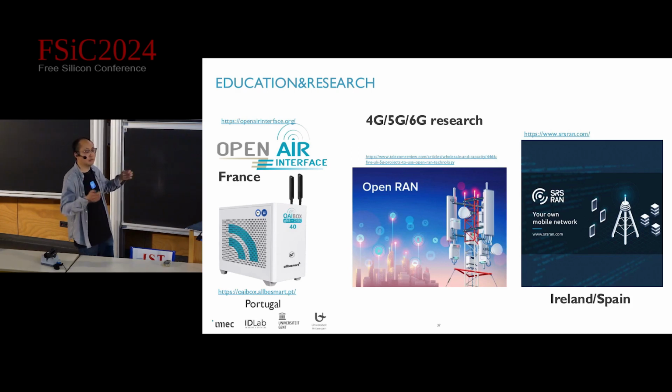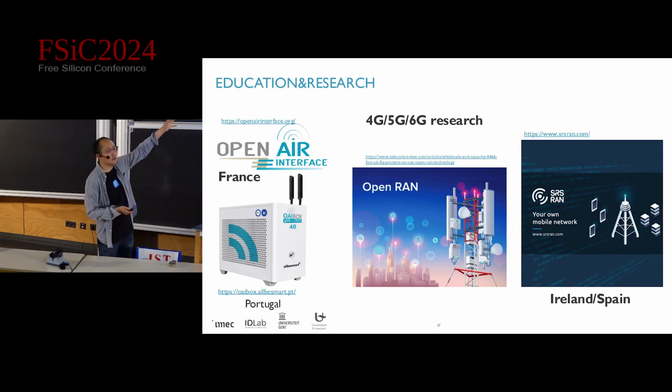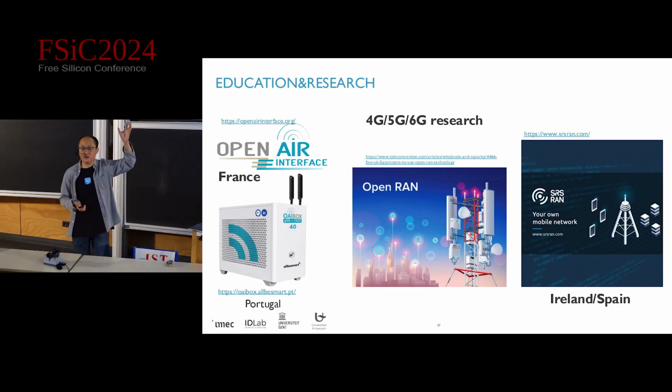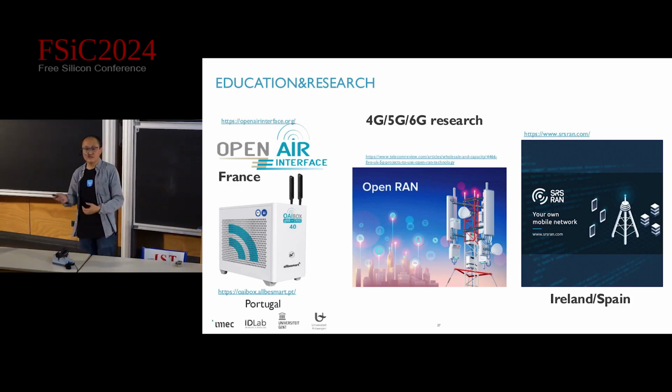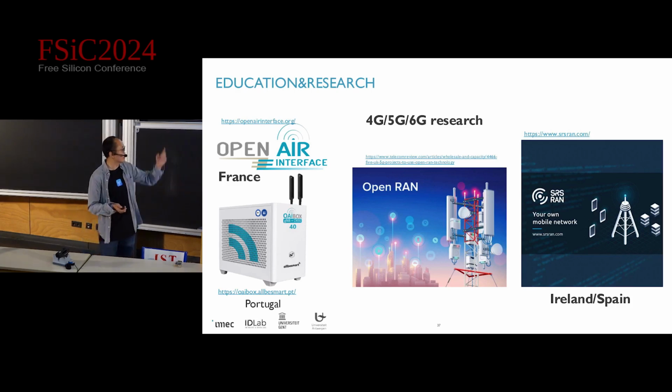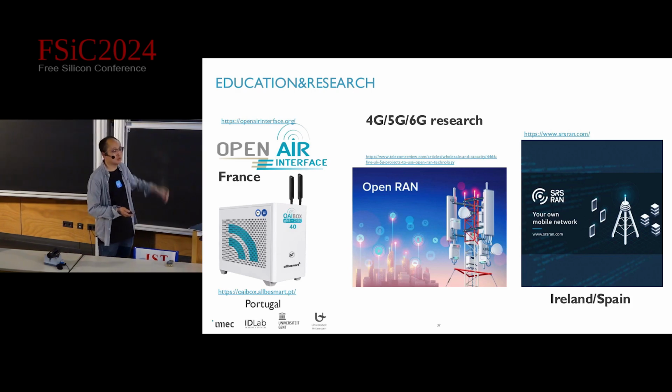So now there is already a big community around these two open source projects. And in the US, of course, there's the Open RAN Alliance. They try to push open equipment in the cellular access network. Some of the Open RAN equipment also uses these two open source projects.